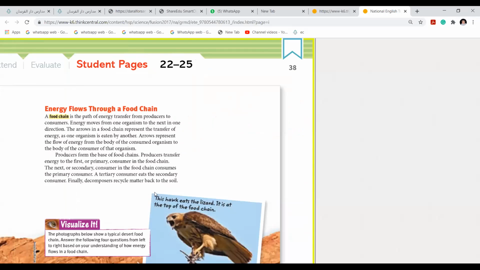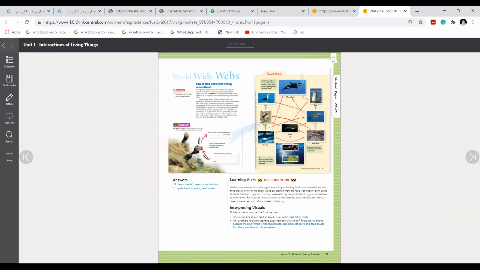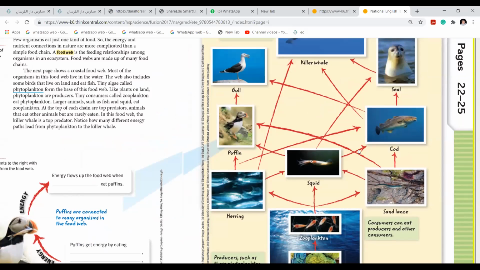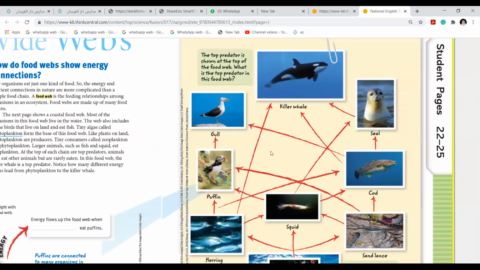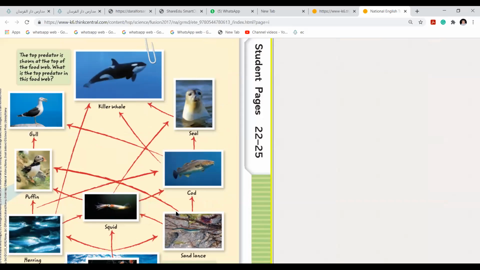Coming to food chain, it's a path with arrows showing where energy is transferred from producers to consumers. They show the plant is eaten by this animal, then an arrow mark means eaten by. And this is a food web where you have so many connections, so many feeding relationships among organisms in an ecosystem.